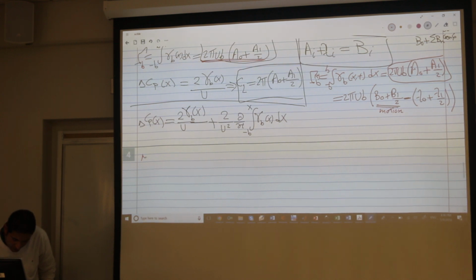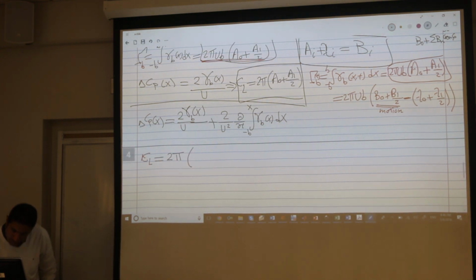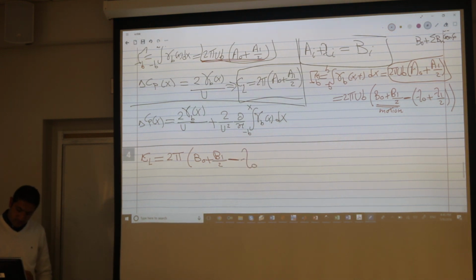When we integrate to get the CL, it's 2 pi times b naught plus b 1 over 2, times alpha at three-quarter chord minus lambda naught, plus 1/2 b 2 dot minus b 2 dot over 2.